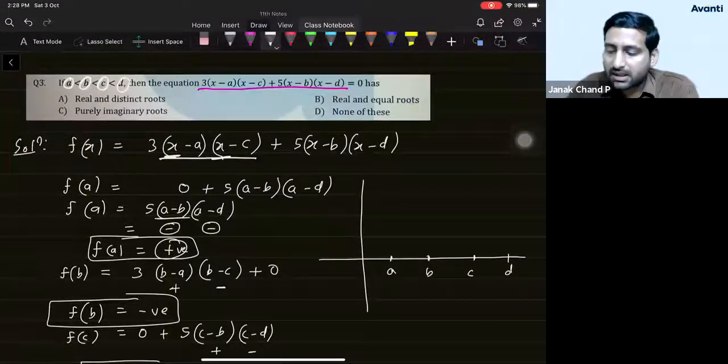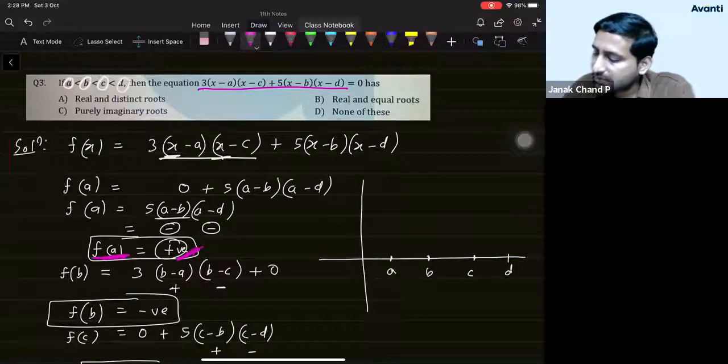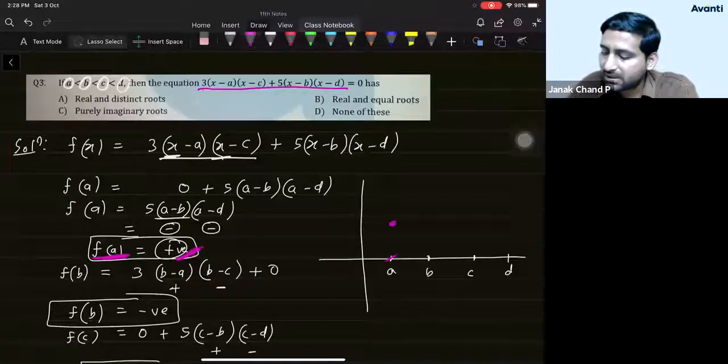Now, the information that I got by putting x is equal to A is that the value of the function is positive. That means at this point, I have some positive height. Remember, student, f of A is nothing but the height at the point A. So the height is positive above the x-axis.